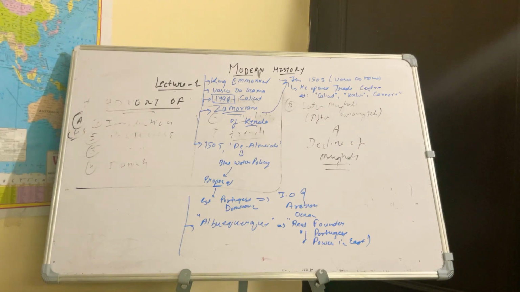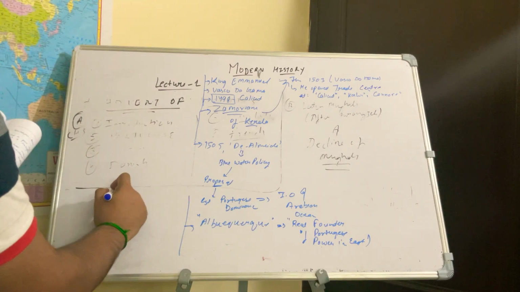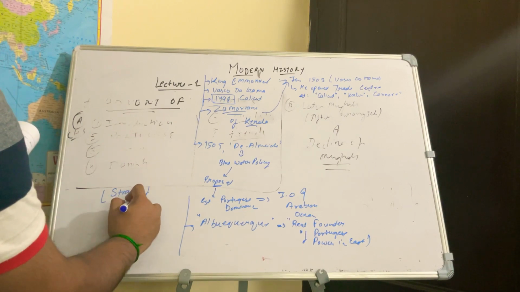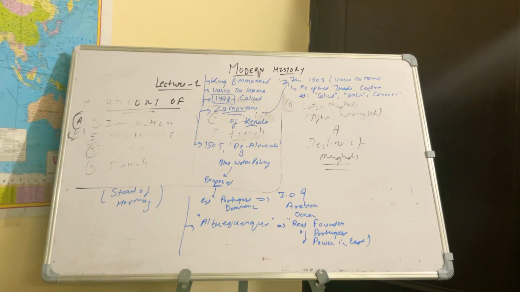Next point you write, he considered Hormuz, which is very famous today as the Strait of Hormuz. Please write, he conquered Hormuz in the Persian Gulf and eclipsed the influence of Arabian rulers in India.